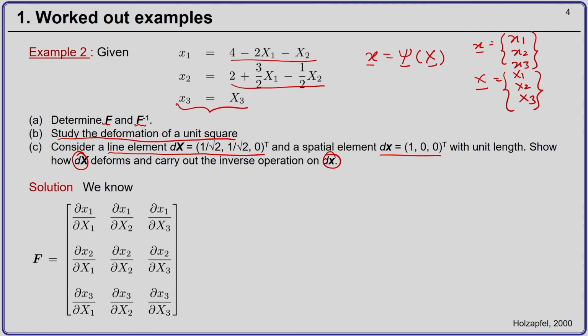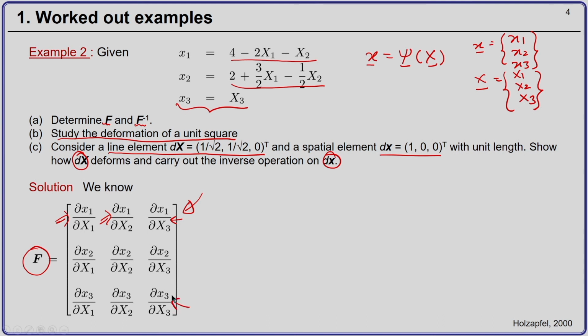We know that the deformation gradient tensor F can be put into a 3 by 3 matrix form, and this is the relation that we discussed in our previous lectures. F11 is del x1 by del X1, F12 is del x1 by del X2, this is F13, and similarly you have all the way up to F33.